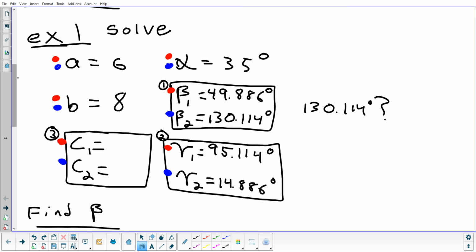Since C1 is part of the red problem, I need a full red row to fill in. What's a red row that I could fill in to my proportion? Zach, do you see a red row we could fill in?